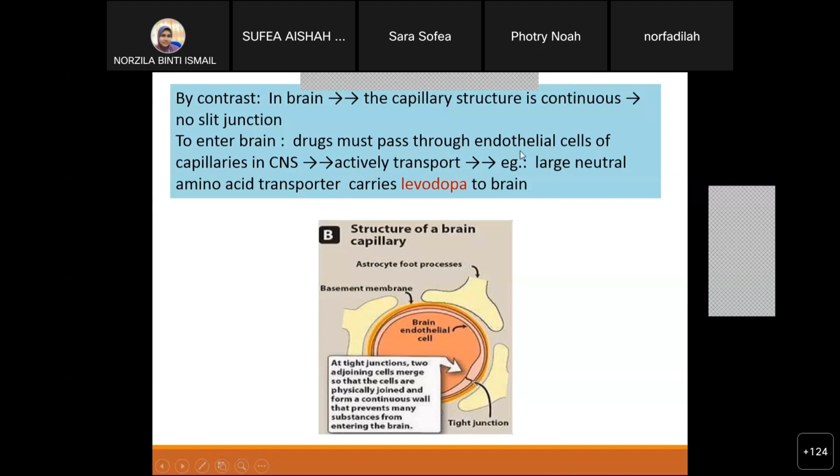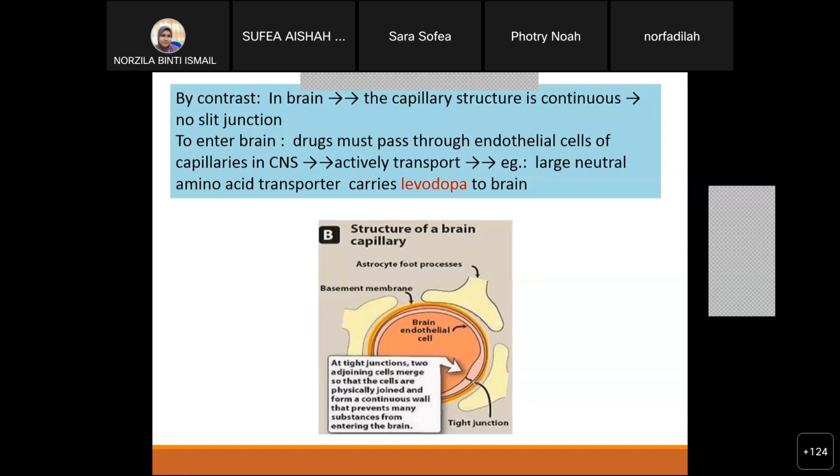A drug must pass through the endothelial cells of capillaries in the central nervous system by an actively transported carrier, or the drug itself must be lipophilic so that it can cross the membrane.